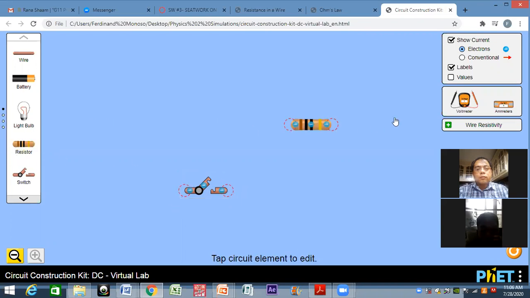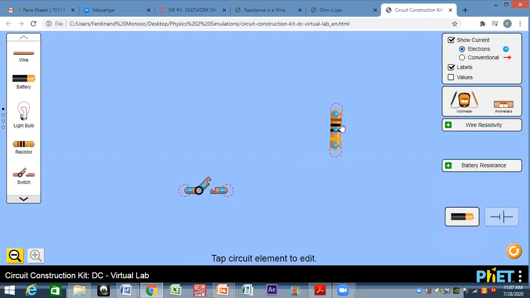We need a resistor here, and probably let's rotate our resistor. Now there's a color within our resistor, and obviously we can know its value if we are able to read this. So this is our resistor. Now we can provide ourselves with a battery. This is the positive side of that battery.